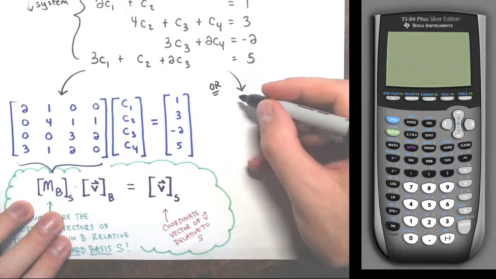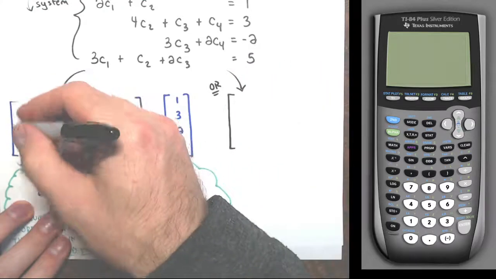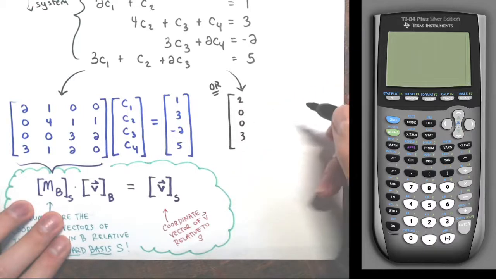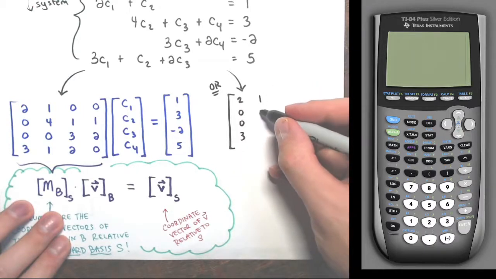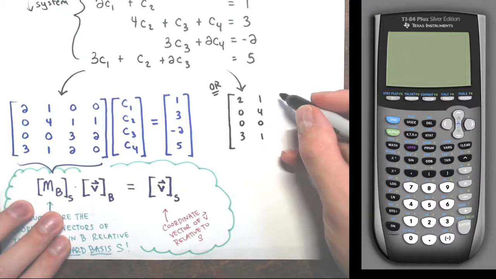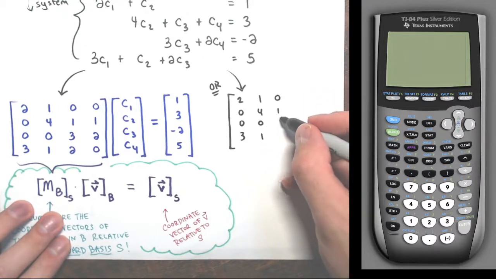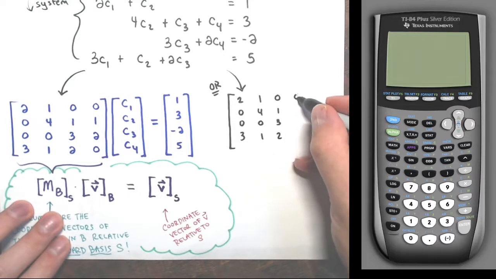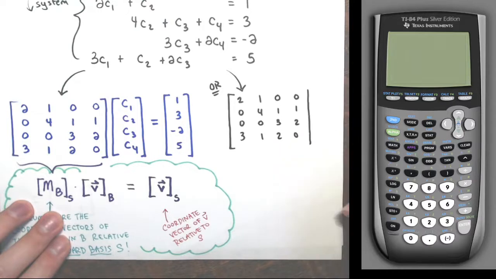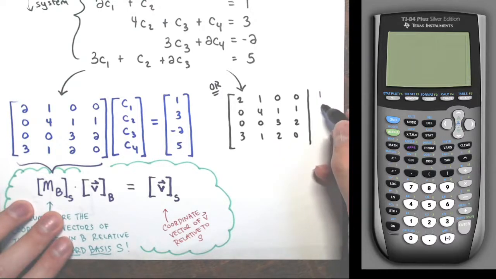Now you could also have done the augmented matrix here. You don't have to do both. Where I set up the augmented matrix, it's the same numbers, but this is 2, 0, 0, 3. Coefficients of C1, coefficients of C2, coefficients of C3, C4, and a little bar where the equals goes, and then the constants on the other side, 1, 3, negative 2, 5.